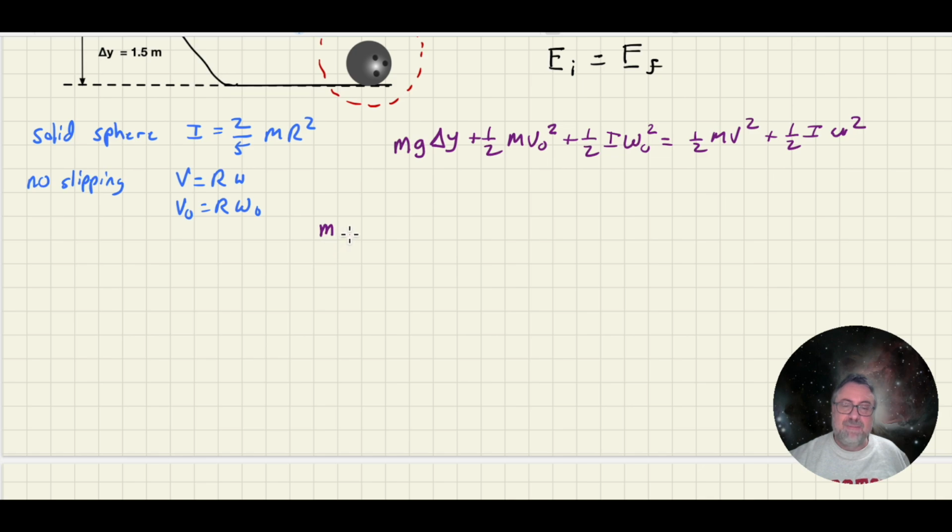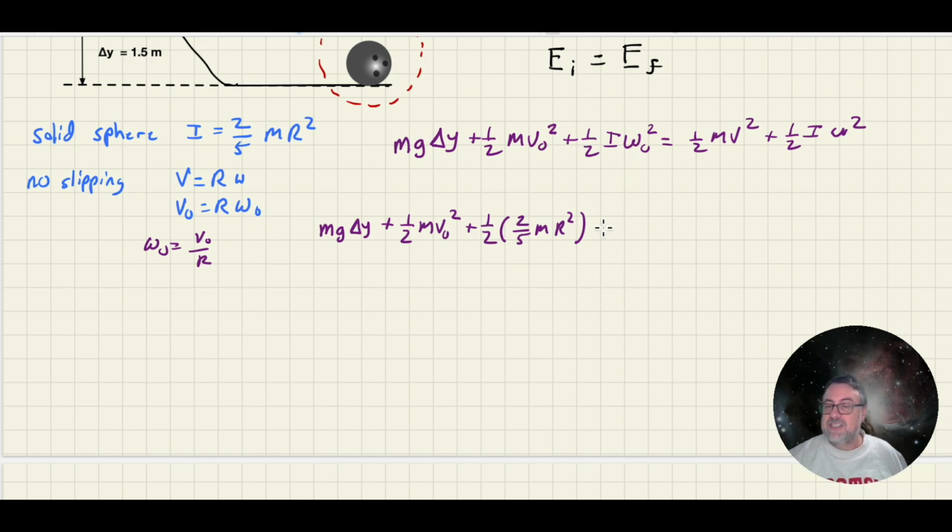So I have mass times gravity times delta y plus 1/2 mass, the initial velocity squared, plus 1/2, I'm going to substitute in for my I, that is 2/5 mr squared. I am also going to substitute in that omega naught equals v naught divided by r. Now, that needs to be squared.